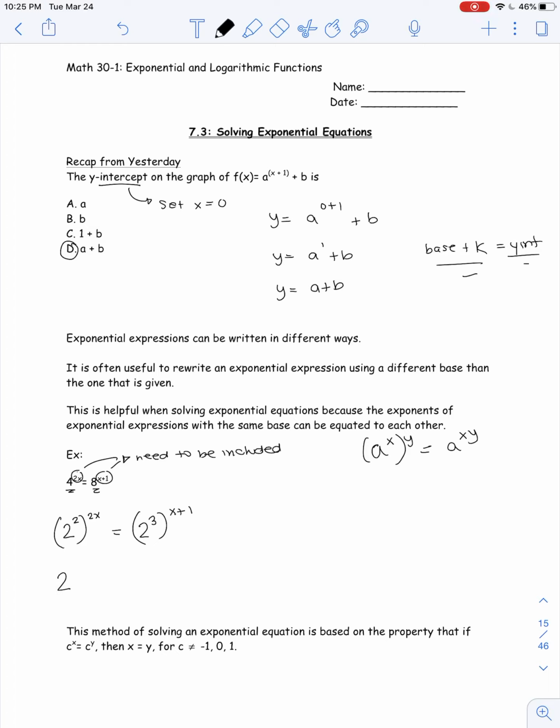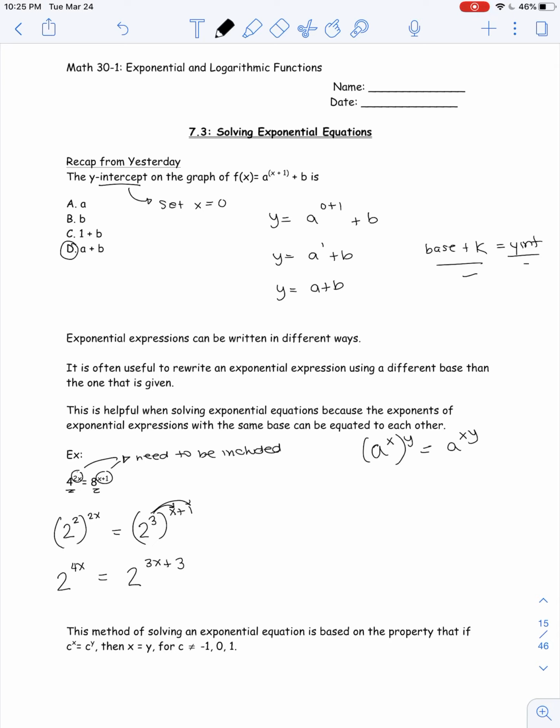We're going to write 2 to the power of 2 times 2x, which is 4x, because we're multiplying the two exponents together. And for the other side, we multiply these two together, but we need to distribute. That's what's important in this step: to multiply that 3 by x plus 1 properly by distribution. That's a common error that people make.